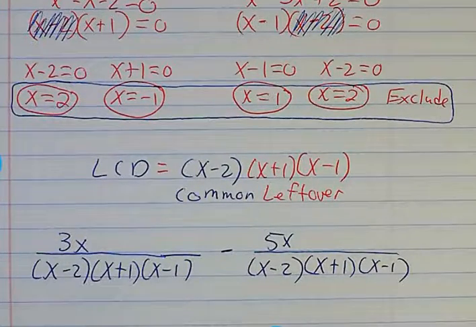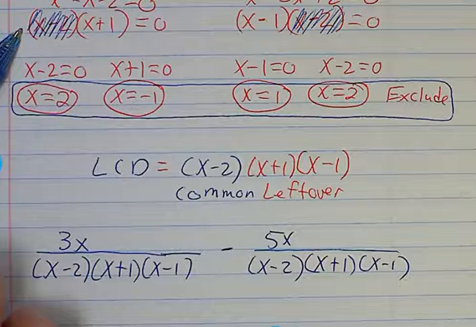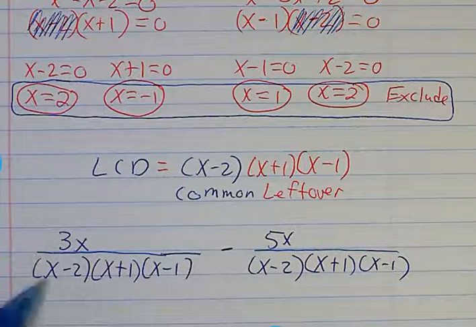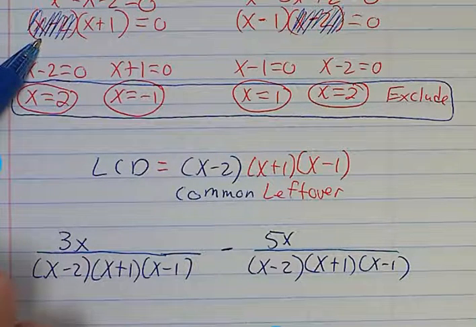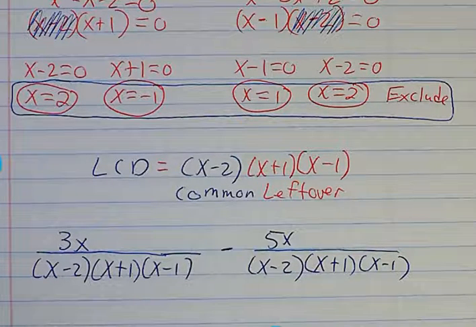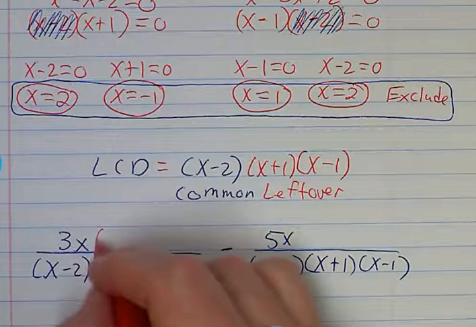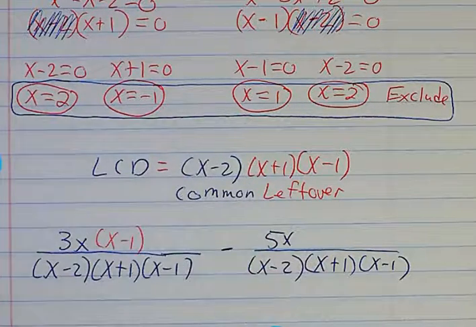Okay, and we don't have to go back to the original problem once we've pulled this part down, because basically we're going from this denominator to here. So we had the x minus 2. We've got the x plus 1. The part we added in extra was the x minus 1. So since there's the x minus 1 we put on the bottom from here, we've got to put an extra x minus 1 on the top.